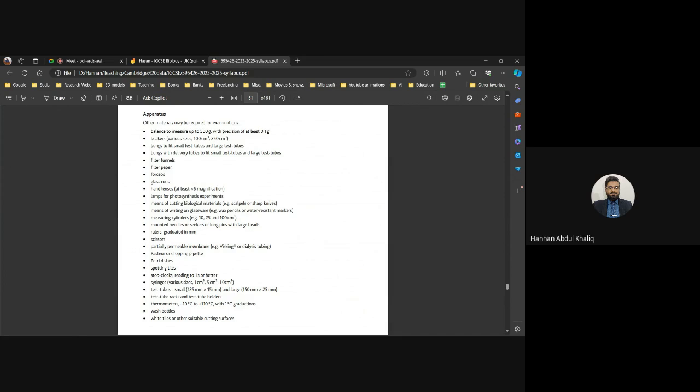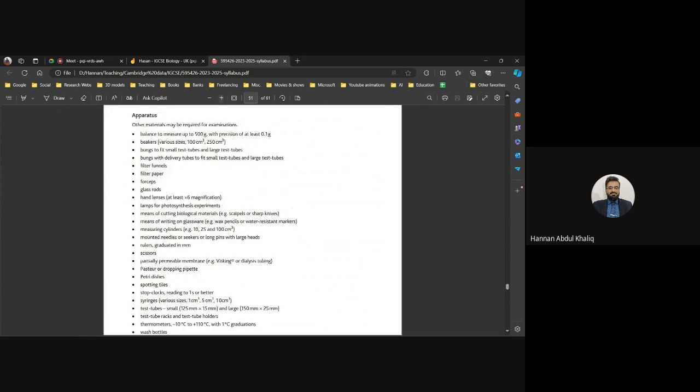So let's say, first of all, they are saying balance to measure, beakers of various size, bungs, filter funnels, filter paper, forceps.